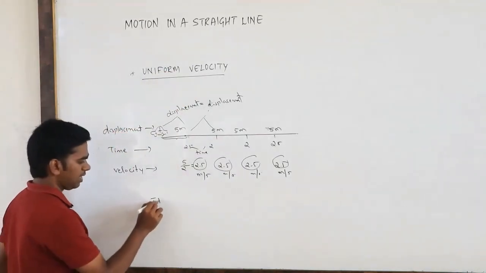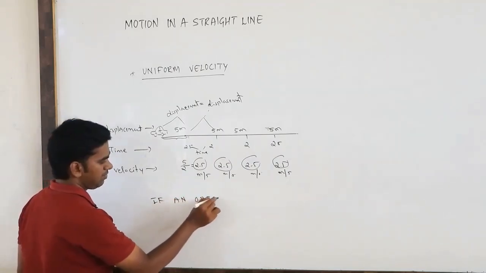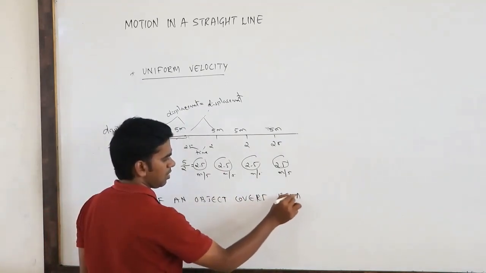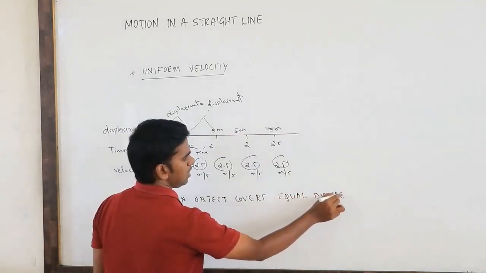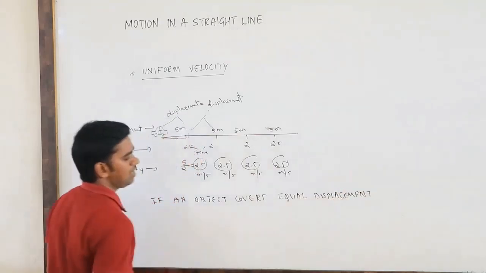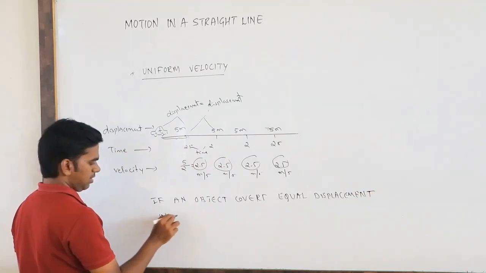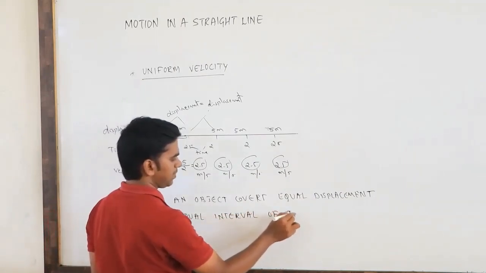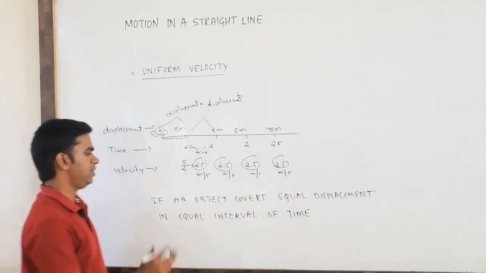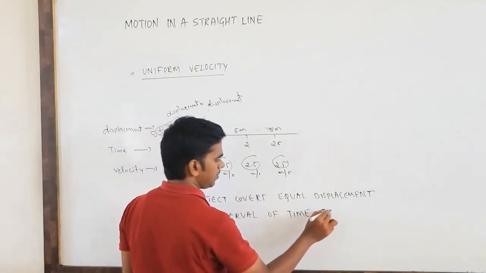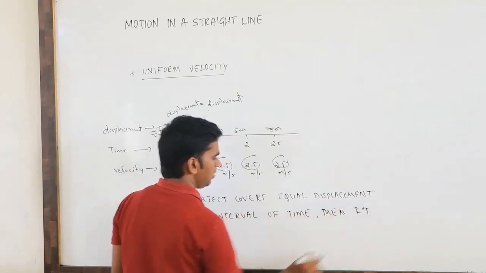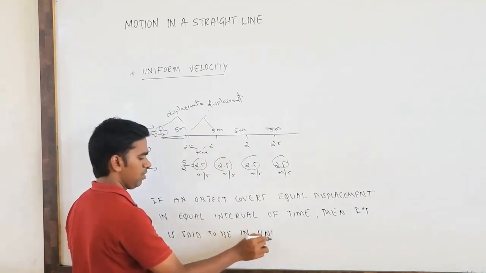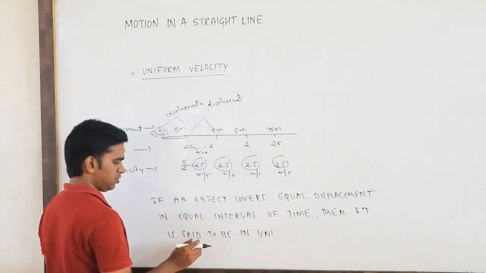Okay, so how can we define it? If an object covers equal displacement in equal intervals of time, then it is said to be in uniform motion, then it is said to be in uniform velocity, or it is said to be having uniform velocity.